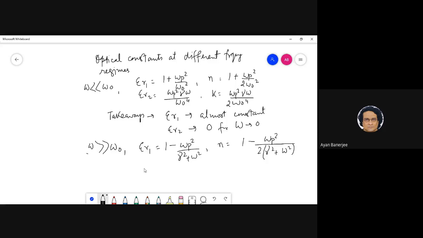And this one is omega p square gamma by omega 0 square plus gamma square, and your k is just half that, 2 omega 0 square... not omega 0, only omega, sorry.